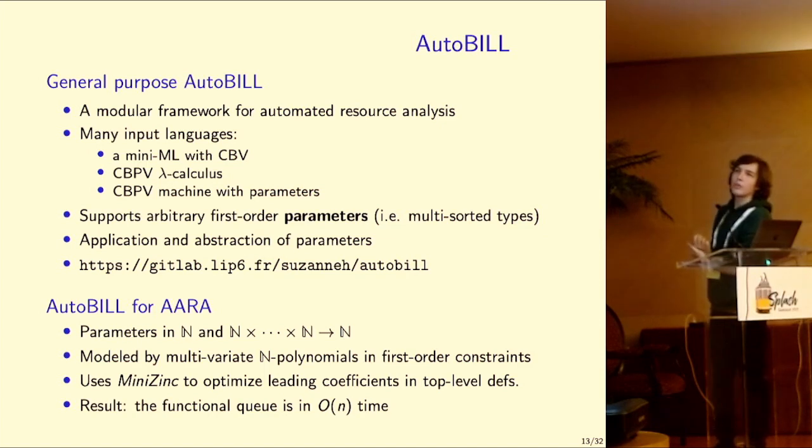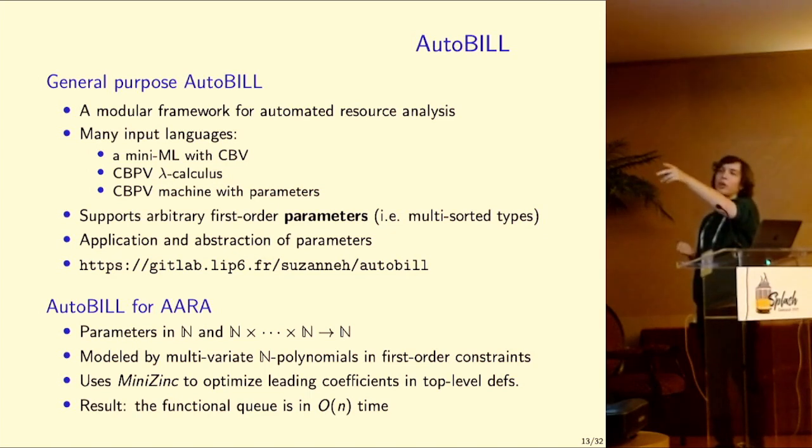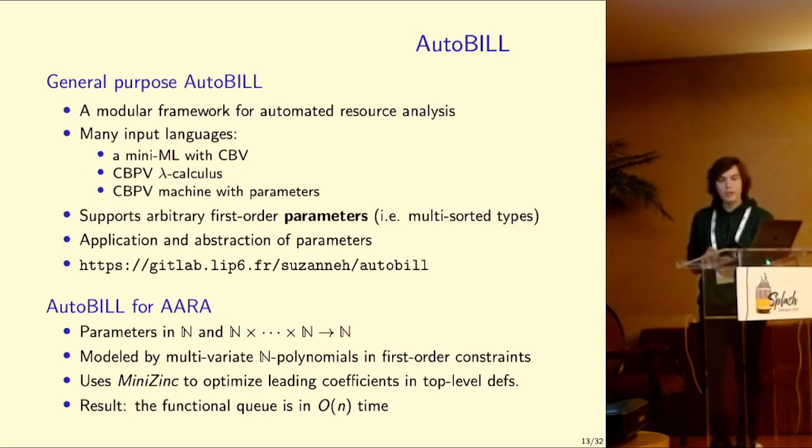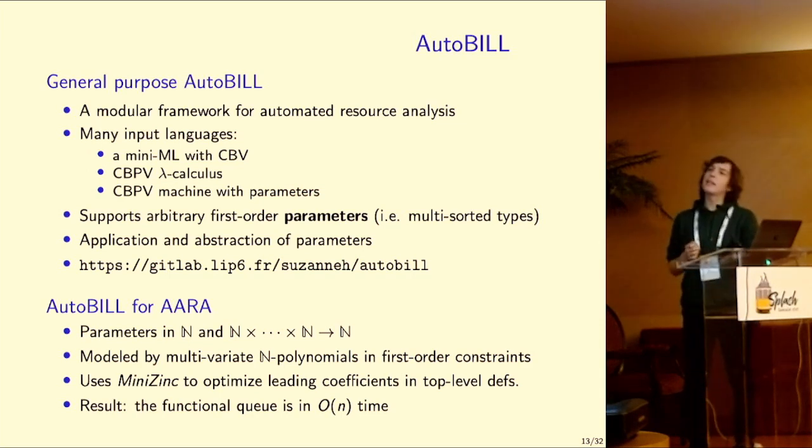And as opposed to previous implementations of HARA techniques, we support arbitrary first-order parameters, meaning that you can define your own sorts and operations on type-level parameters and get a first-order constraint out of those. And it is open-source software.